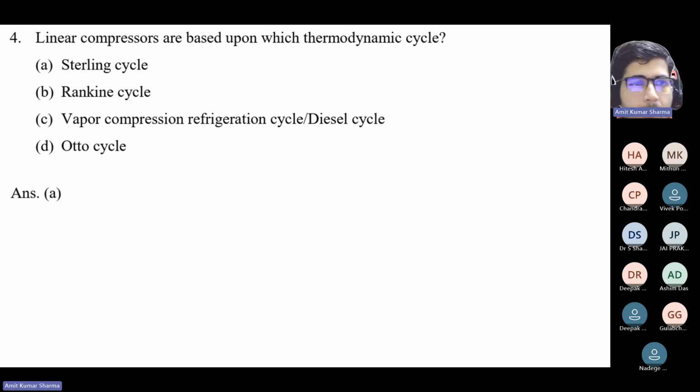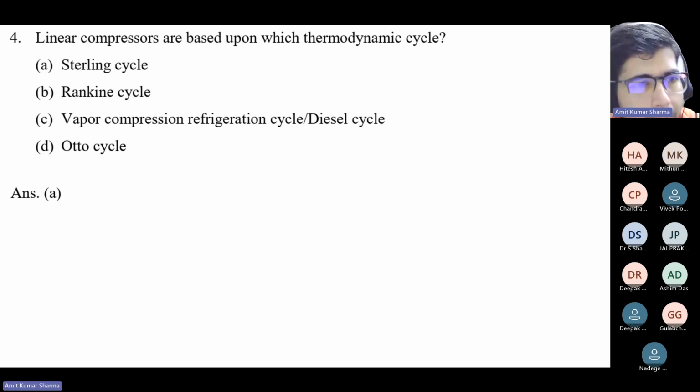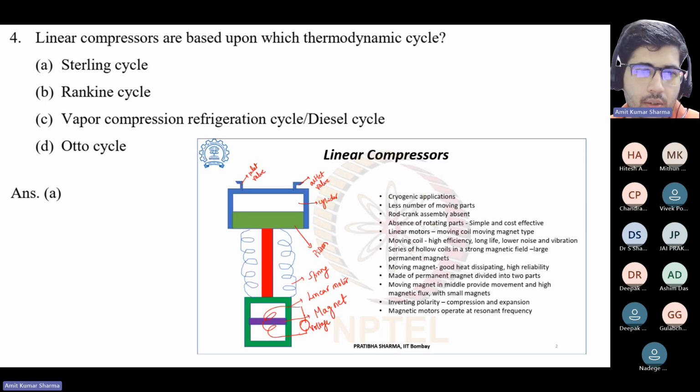So linear compressors are based upon the Stirling cycle. Rankine cycle is widely used in power plants. So the Stirling cycle is used in the linear compressor. Let's see more about it.